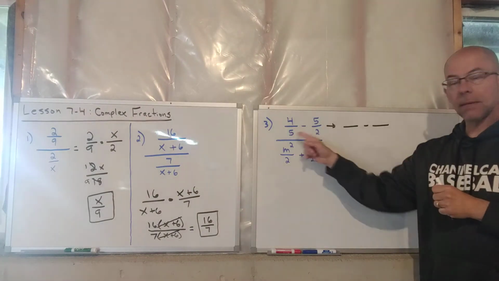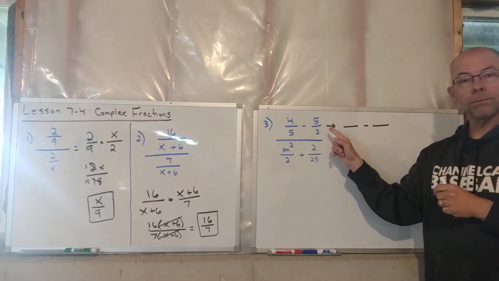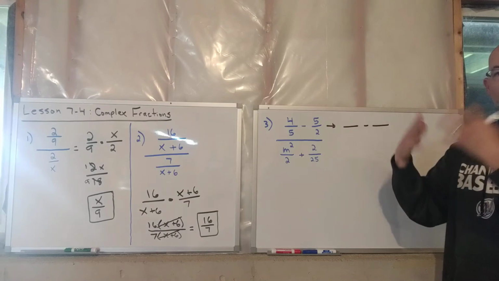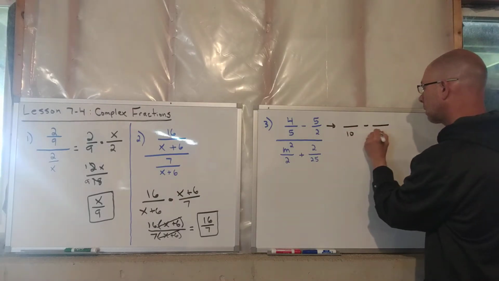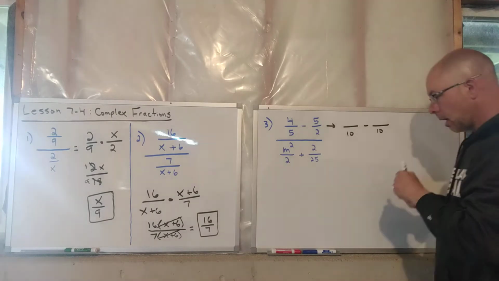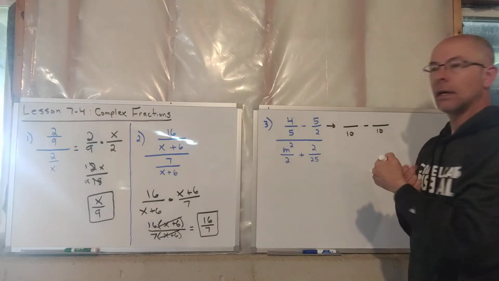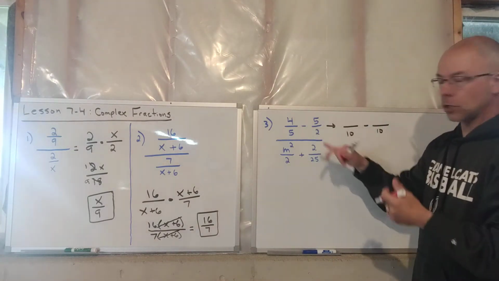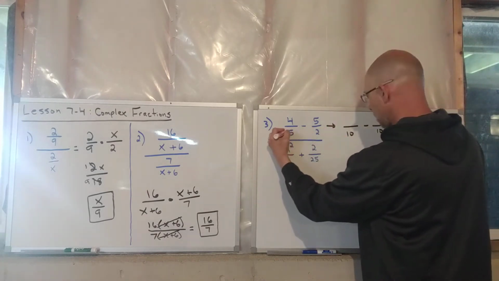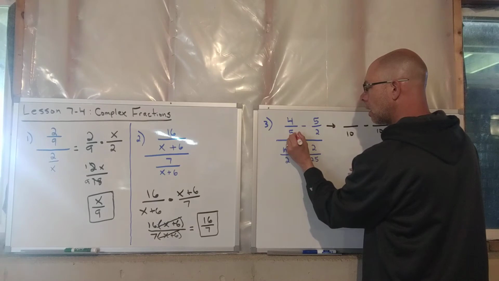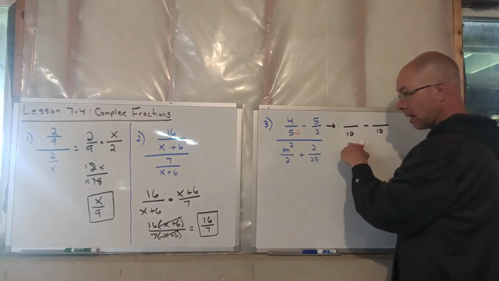The common denominator between 5 and 2 is 10. Remember, if you don't have anything in common, you just times them, so 10. The next issue is to adjust the numerators to balance. How did this 5 become a 10 over here? Times 2 makes this a 10.